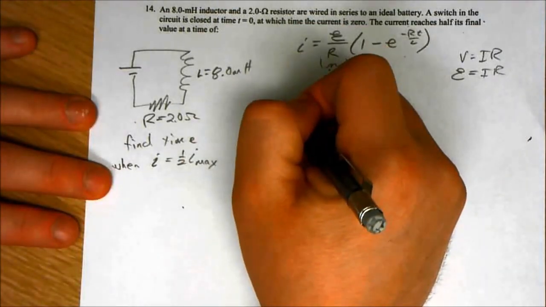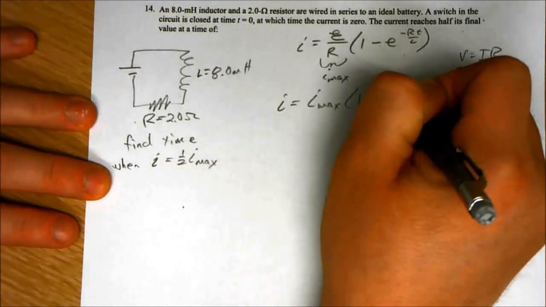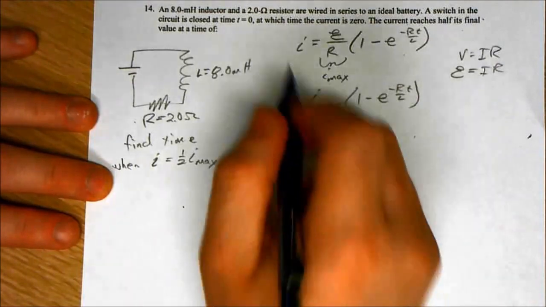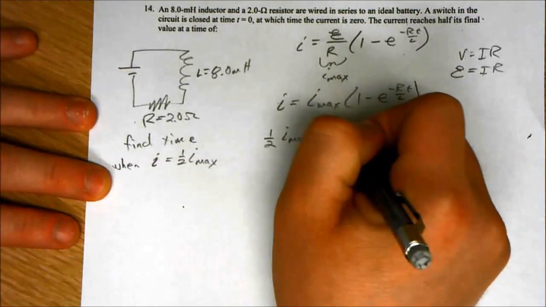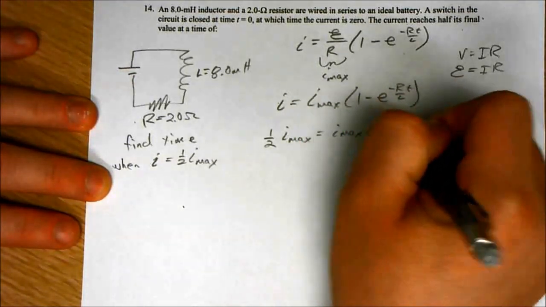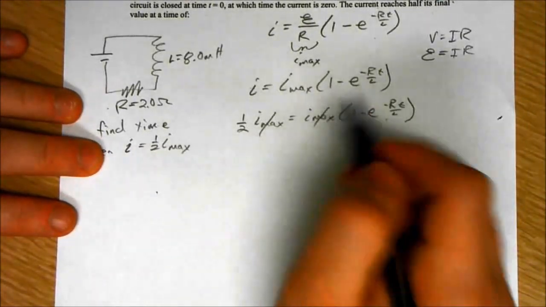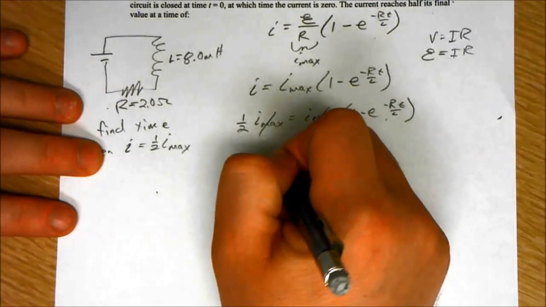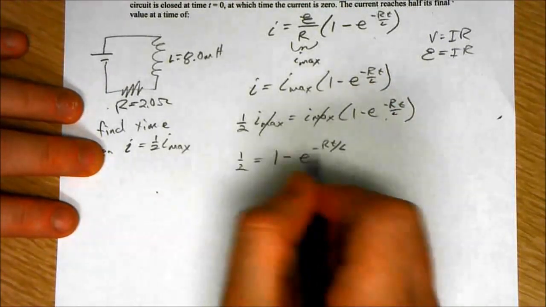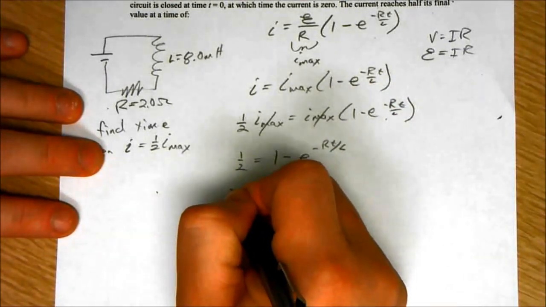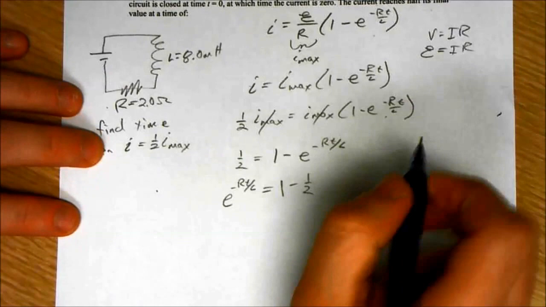So I can rewrite this equation as I equals I max times 1 minus e to the negative Rt over L, and I want to find t when I is 1/2 I max. Well, I max cancels out of each side, so 1/2 equals 1 minus e to the negative Rt over L. I've got to isolate this exponential, so e to the negative Rt over L equals 1 minus 1/2, which is 1/2.